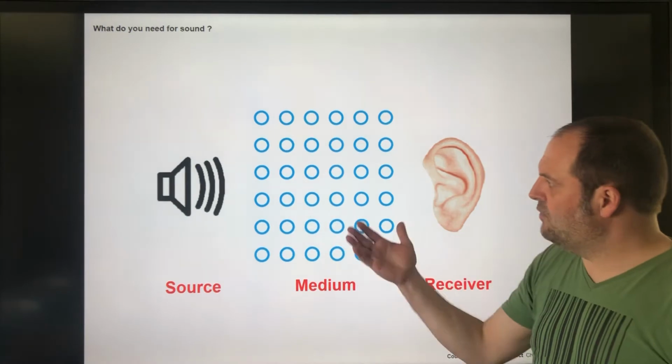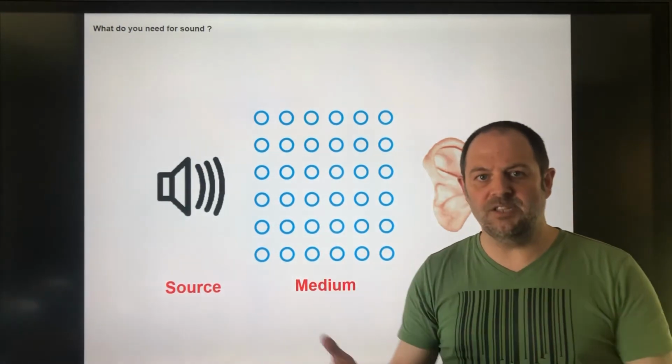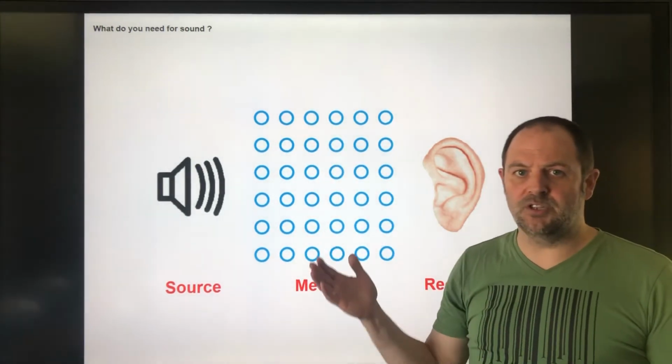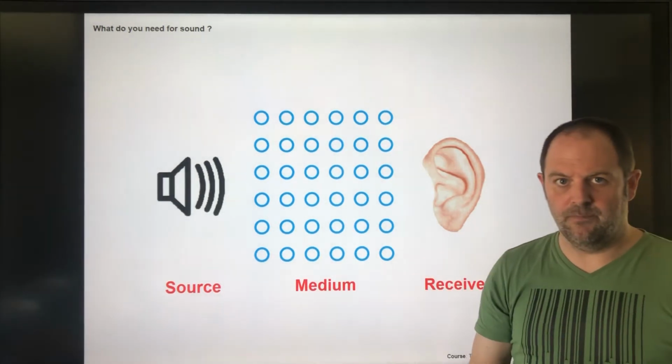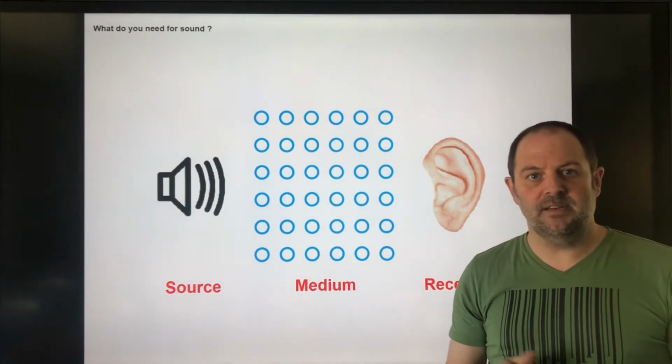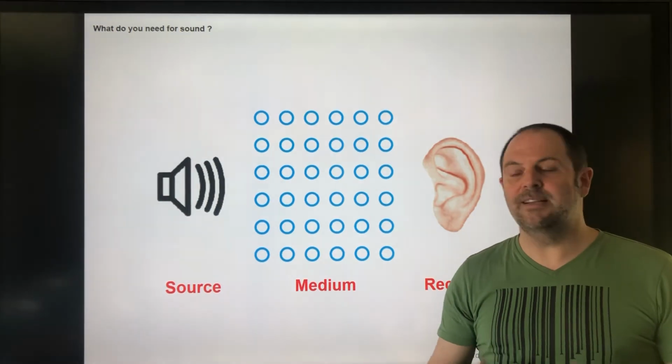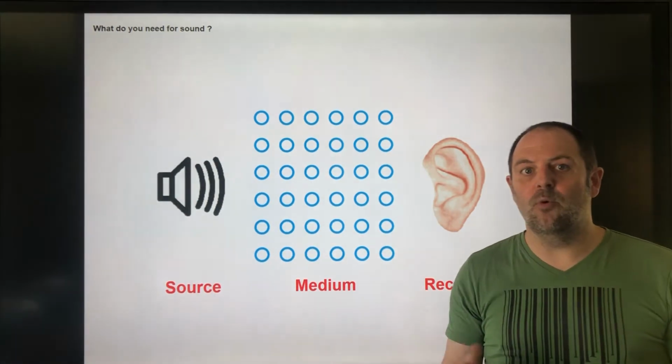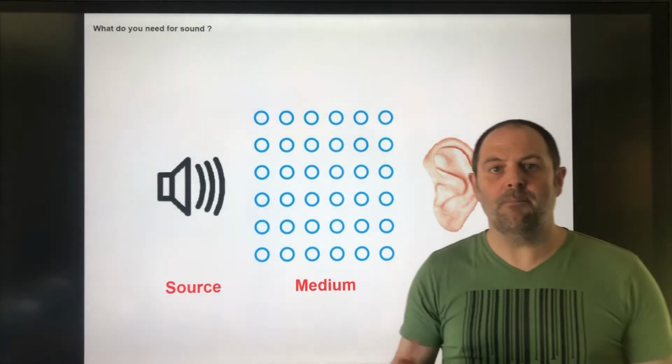So, to hear the sound, you always need molecules in between the source and the receiver. That's why in space there is actually no sound, because in space there is a vacuum, and without molecules there can't be any sound.